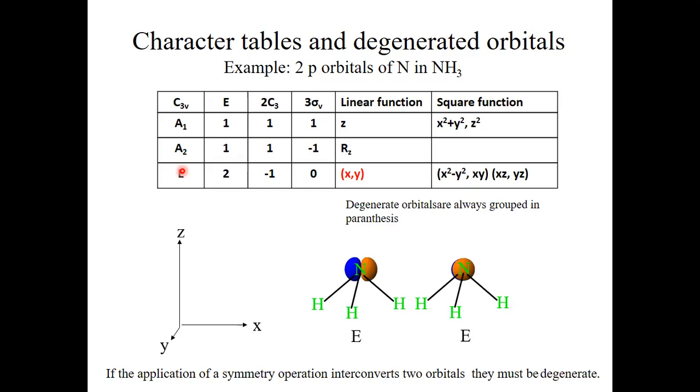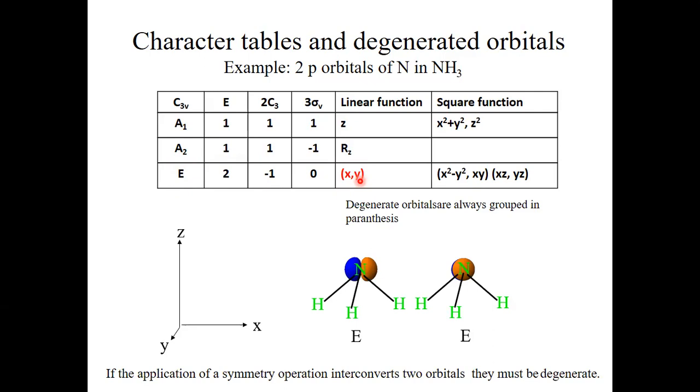Now, the character table is a very convenient way to see that a particular coordinate or a particular mathematical function is degenerate. But is it actually possible to also understand that and derive that?